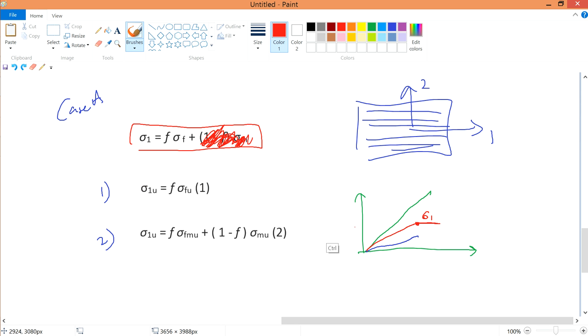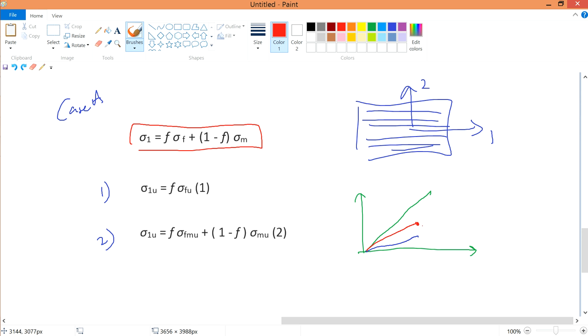If the fiber were to fail first, then you're talking about this line only, which is this one. So you go all the way in this straight line. It's a constant one, I believe, from the graph. So you just need to know all this: the rule of mixtures.